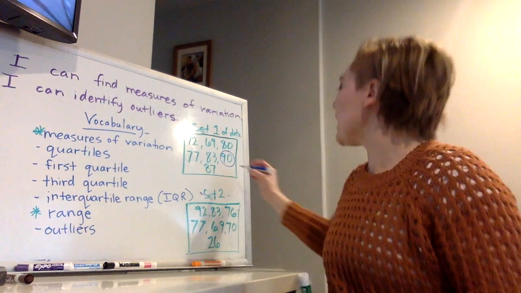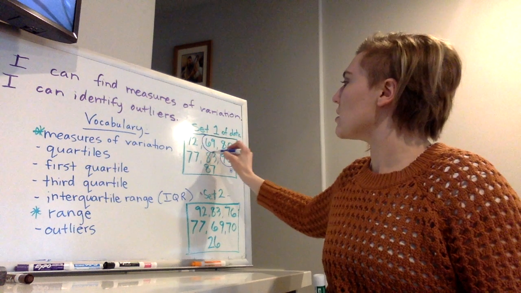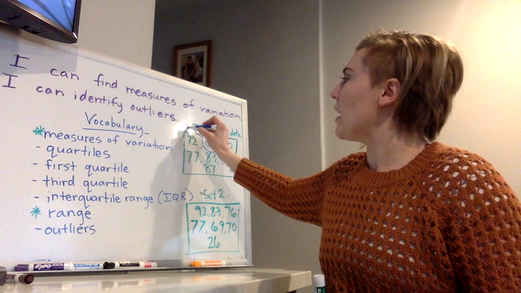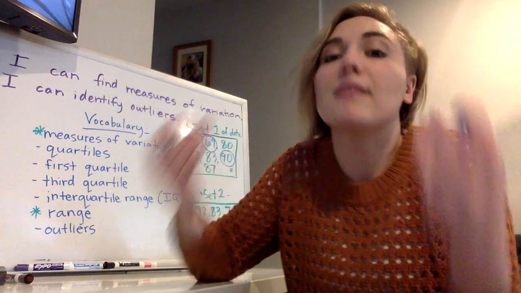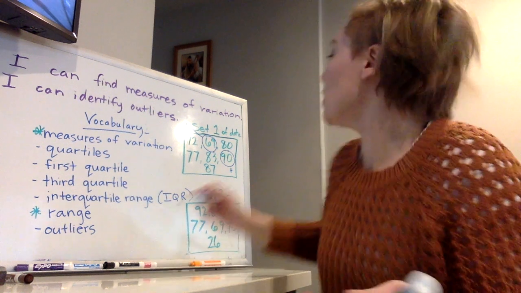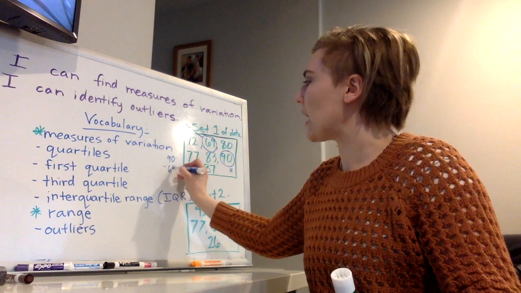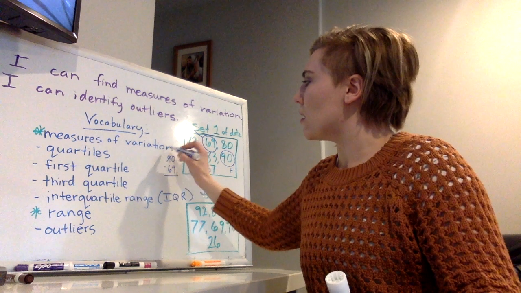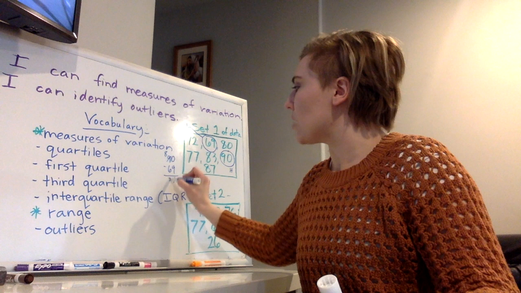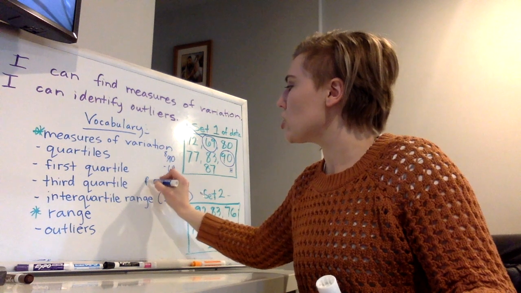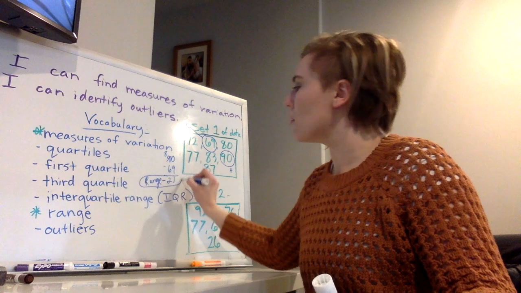Then we take the lowest number in the set of data, which would be 69. We find the difference between those two numbers, which means we use subtraction. So you would do 90 subtract 69, and we get 21. Our range in that situation would be 21.